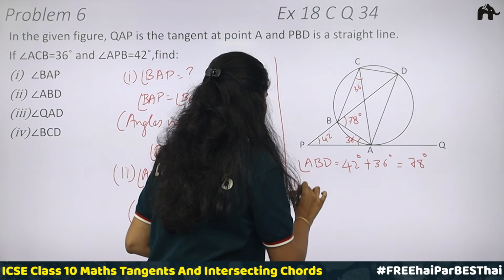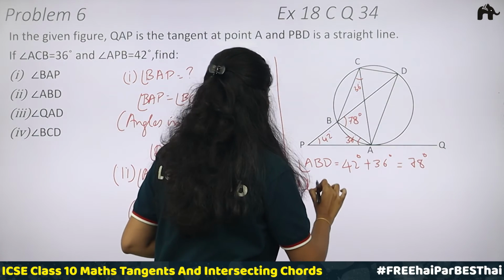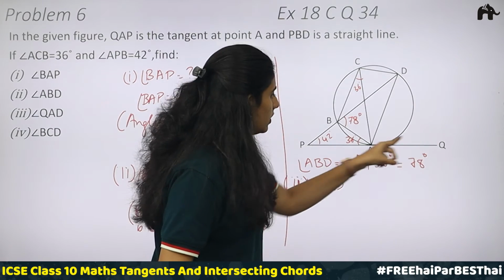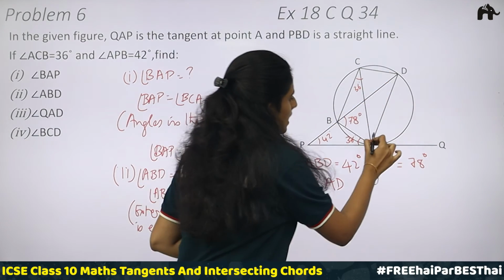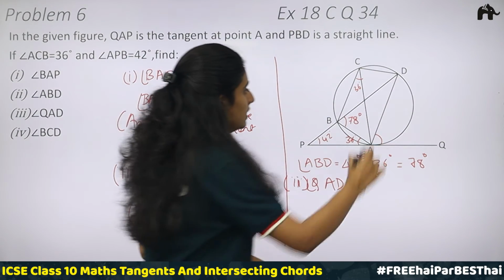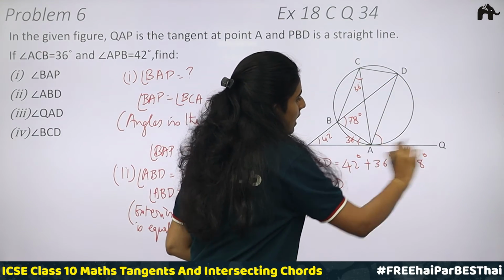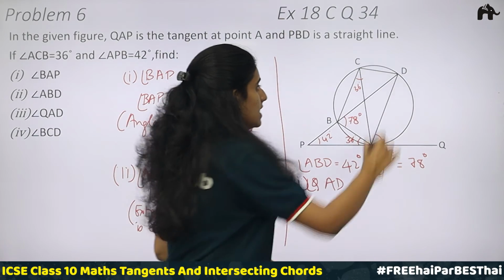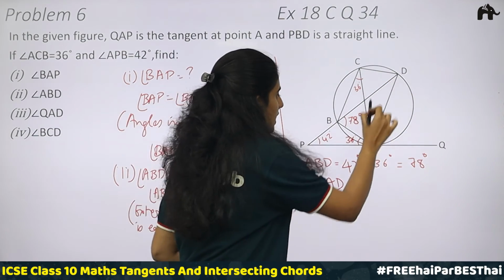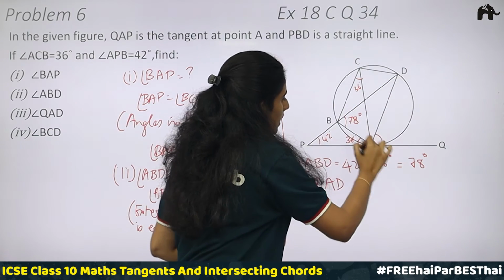Now the third one, we have to find angle QAD. Where do we have QAD? This angle. How to find QAD? QAD is an angle that the chord DA and the tangent make. The same chord in the alternate segment subtends angle DBA.